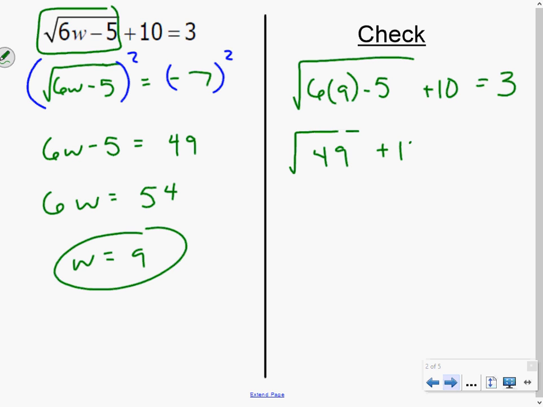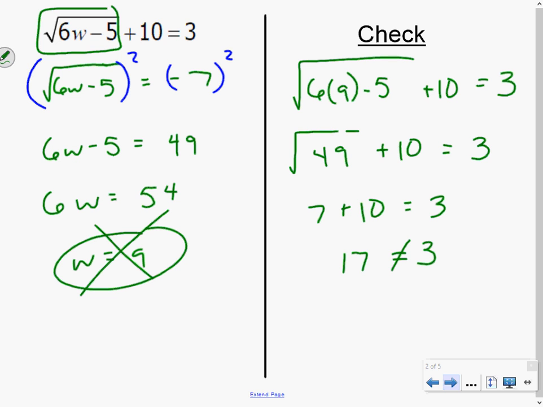When we square root in the next step, we're going to get 7. Okay, so 7 plus 10 does not give us 3. Okay, this does not work out, which means that solution of 9 that we found is extraneous. Because that was the only potential solution and it was extraneous, there is no solution to this equation.